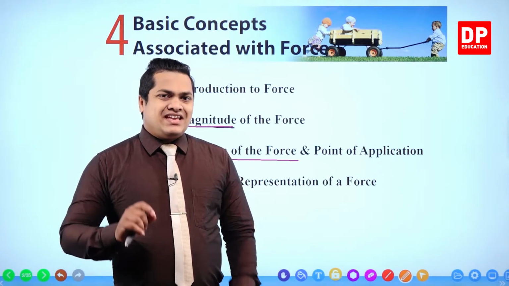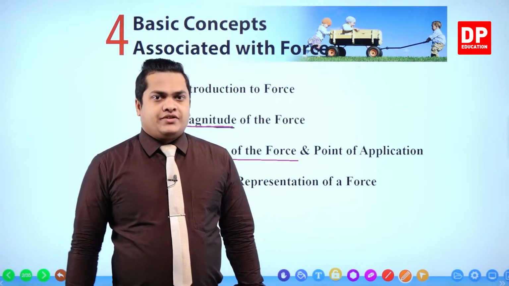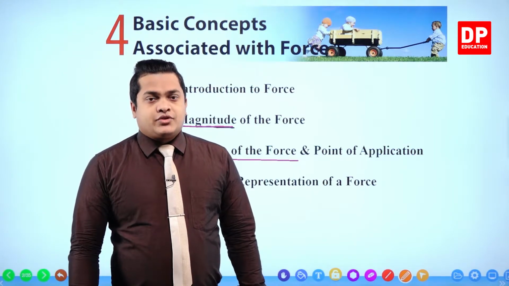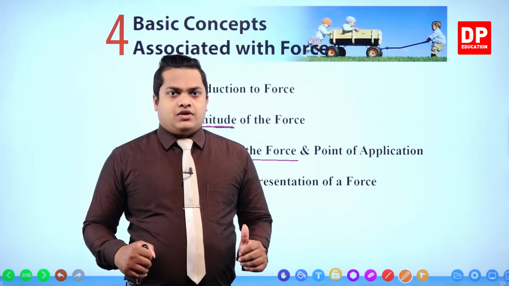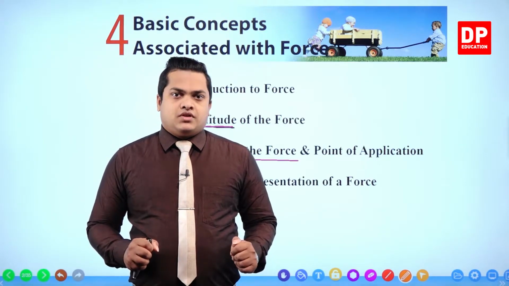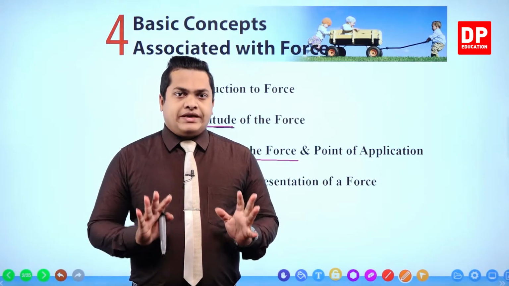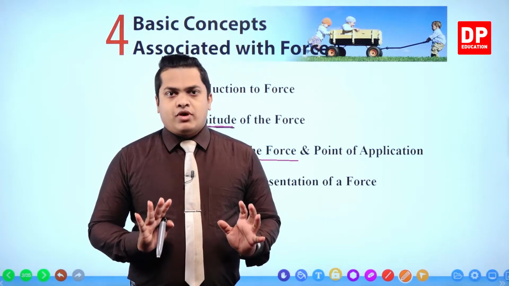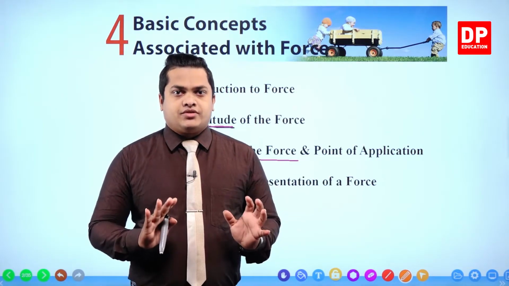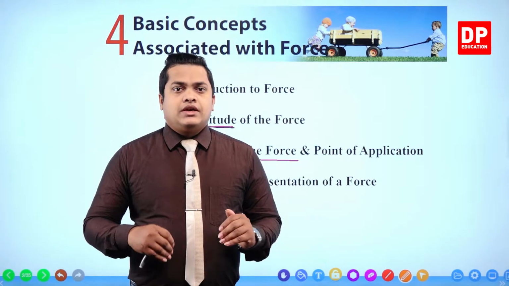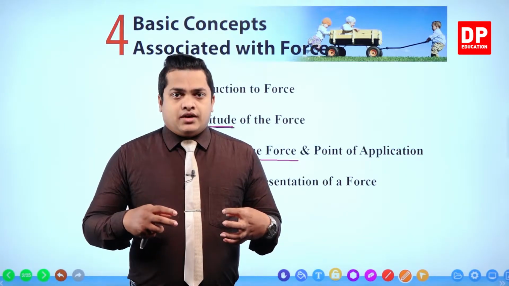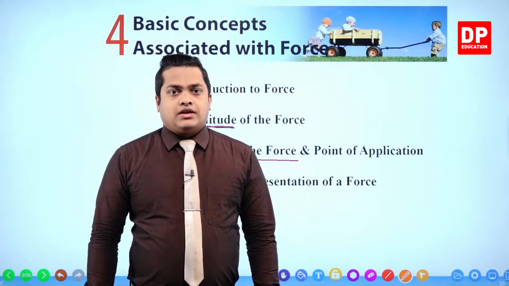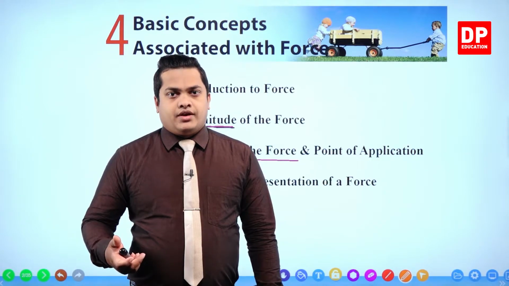If the label says pull, you have to pull it. Otherwise, the door won't open. So there is a certain direction of application of force. Without that particular direction, you can't do the work. We have to apply the force according to the direction that the object needs in order to operate. Otherwise, we can't do it.